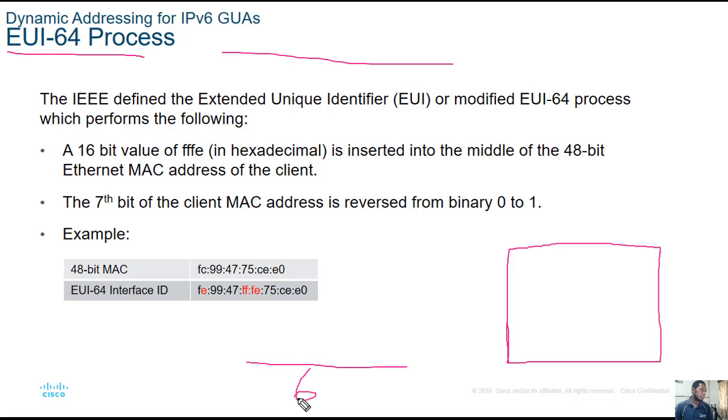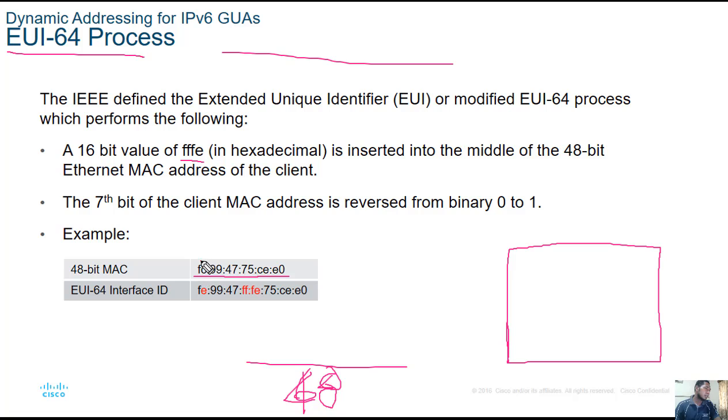An example here: you have the 48-bit MAC address. Remember, every device has a unique hardware address, the MAC address. That 16-bit value is placed right in the center. If you count all the segments of the MAC address, you have 1, 2, 3, 4, 5, 6.